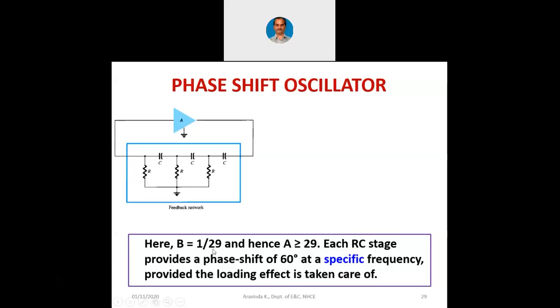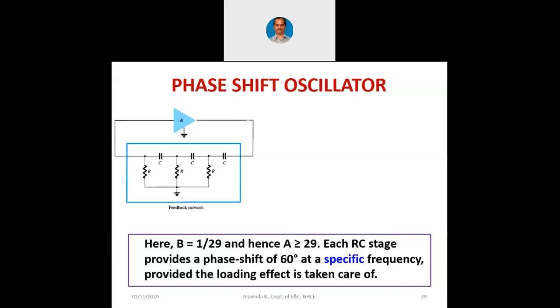Therefore, when A beta should be equal to unity, A must be either greater than or equal to 29. We will say equal to 29 when A beta has to be 1. But if A is greater than 29 also, it does not matter. Now you may say, if A becomes greater than 29, then A beta becomes greater than unity, and we will have stability issues.